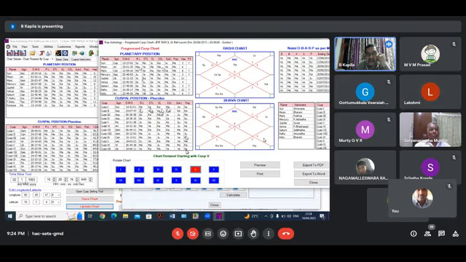Right? 1 is there, 2 is there. In 7th Saturn is not there but Rahu is there; in 8th Saturn is not there; and in 12th and 9th Saturn is there. So it is linked to all death-giving houses.